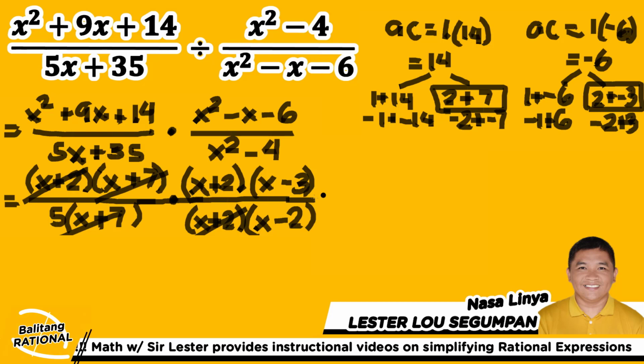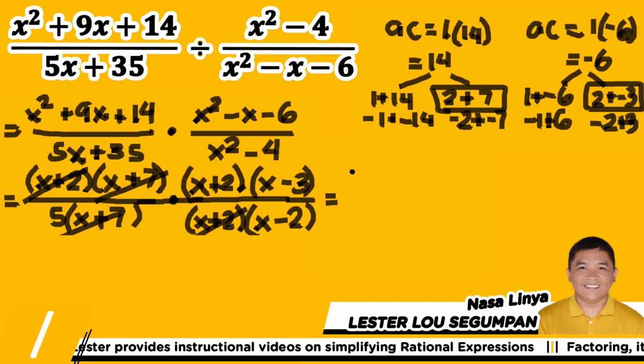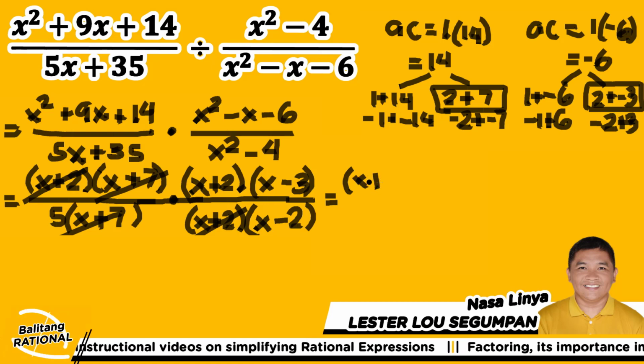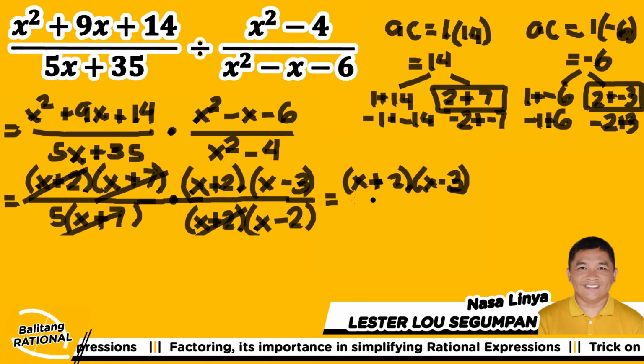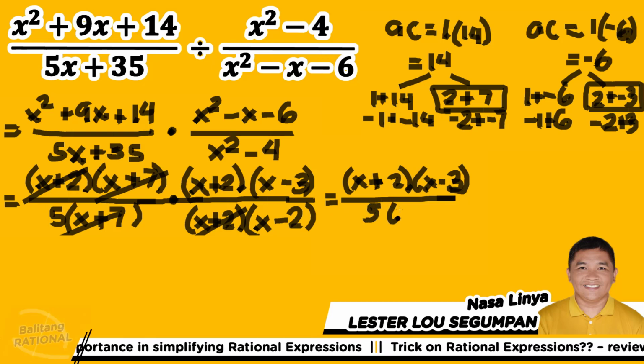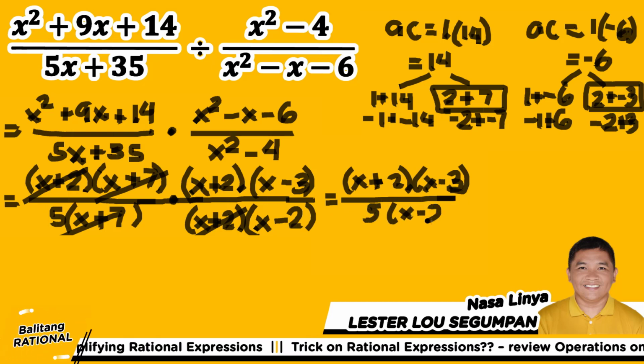So let's just have this. So our final form is x plus 2 times x minus 3 to be divided by the coefficient 5 times x minus 2.